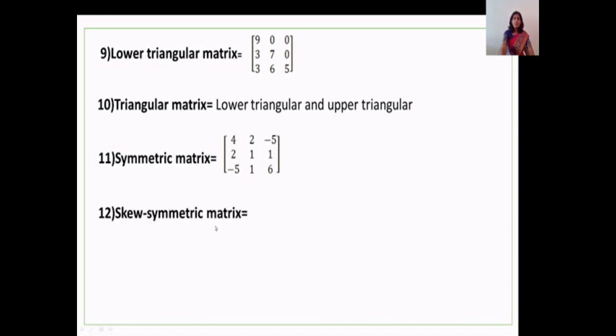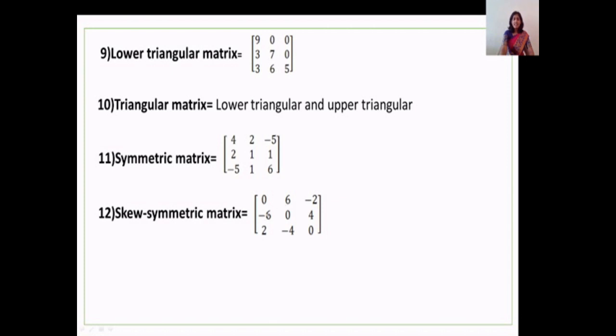Then skew symmetric matrix. What is a skew symmetric matrix? The matrix in which the diagonal elements are 0. These are the diagonal elements. This is the main difference: here the diagonal elements must strictly be 0. And the corresponding non-diagonal elements are the same, but their signs are different.